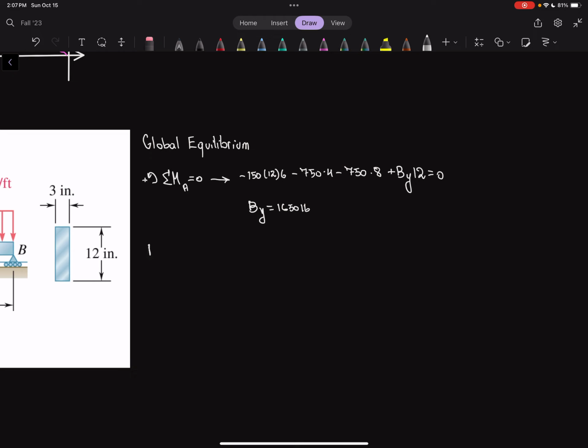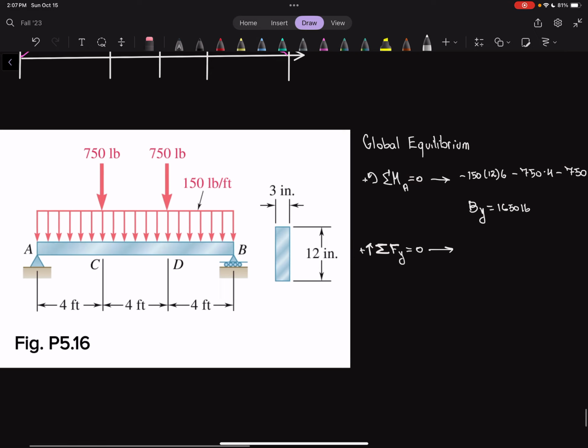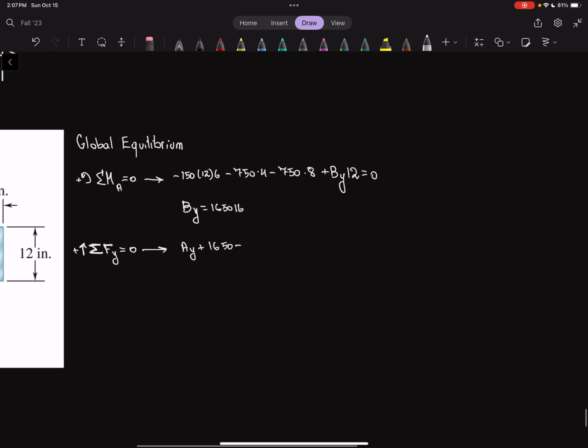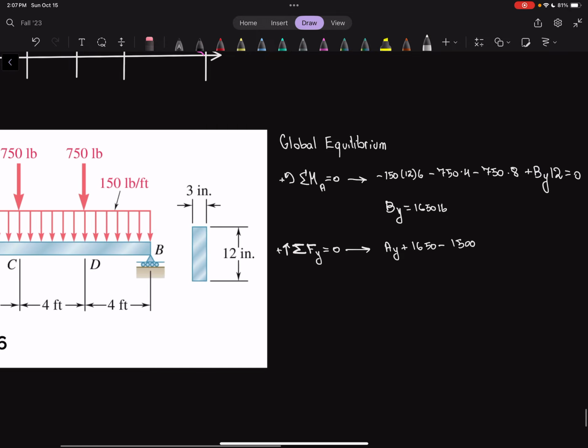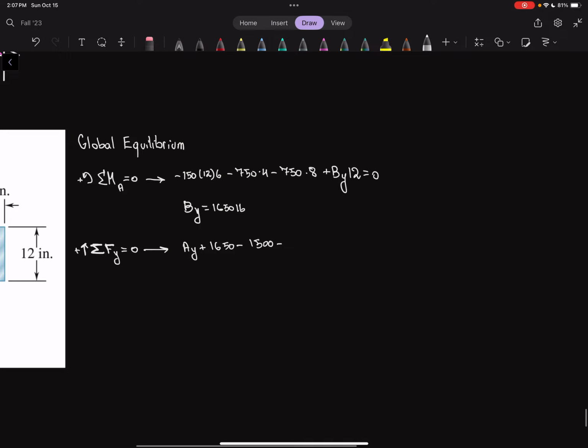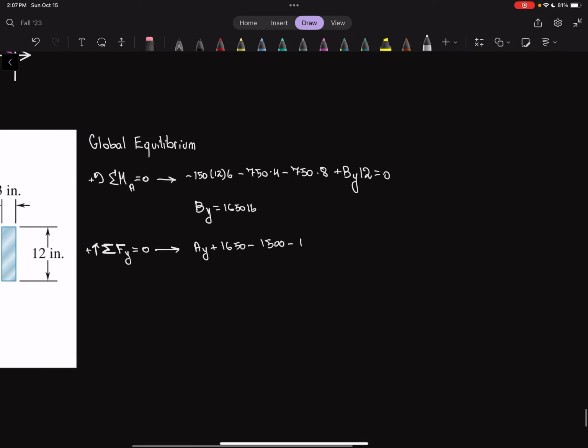And now if we do the sum of the forces in the y direction where up is positive, we get Ay plus 1650 minus 2 times 750, which is 1500, and then minus 150 times 12.